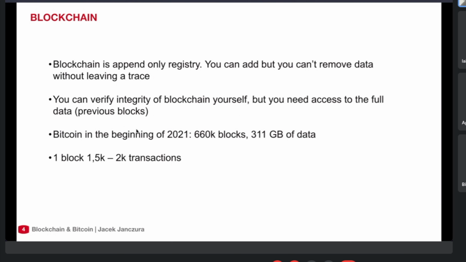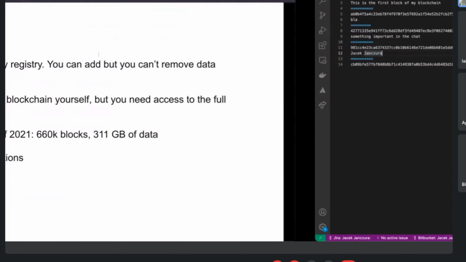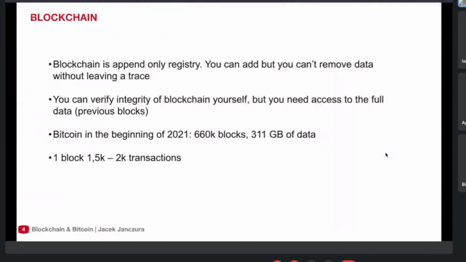You can verify the integrity of a blockchain yourself. It's super easy, but you need access to the full data. So you need access to the whole blockchain and the previous blocks to verify the integrity. And that's why, in order to verify the transactions, the blockchain is growing.